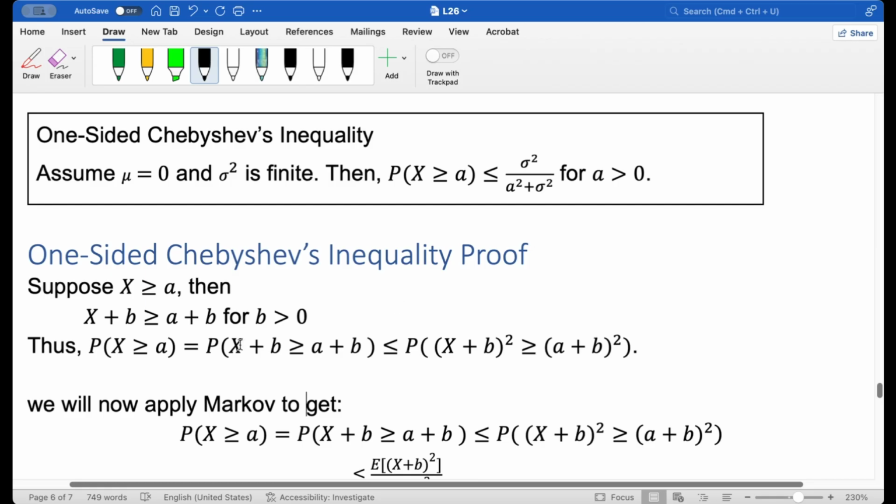If we have X plus b more than a plus b, and you square both sides, that will certainly still be true, and could also be true for additional values if you did have negative numbers.